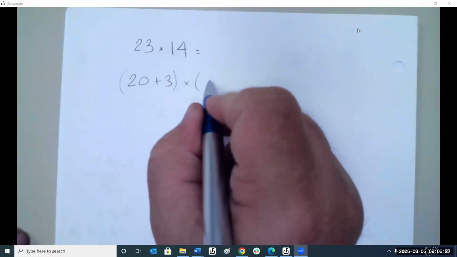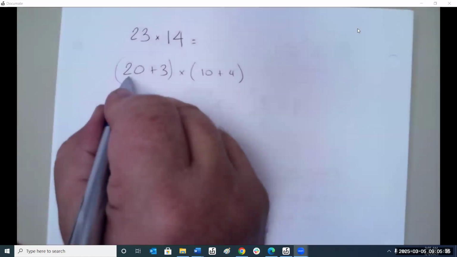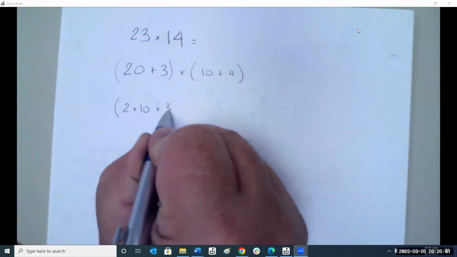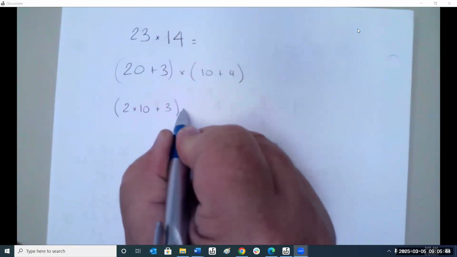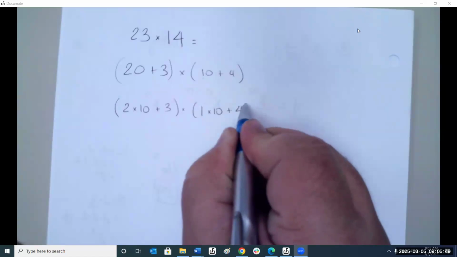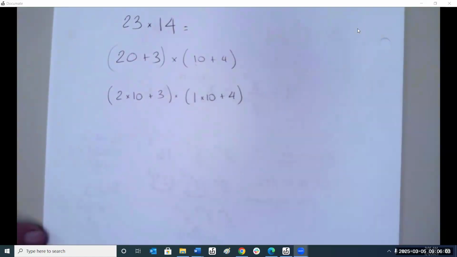And then this is 10 plus 4. 20 is made up of 2 times 10. 10 is made up of 1 times 10. So now what do we do with this? Have we seen this type of equation before? Where?